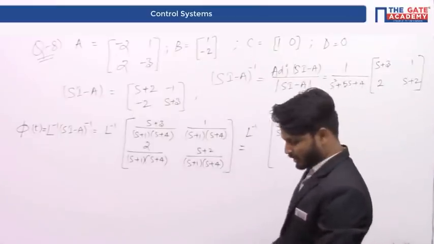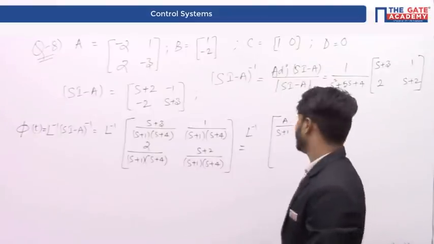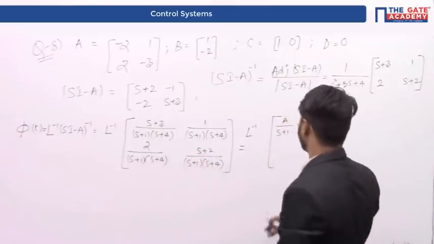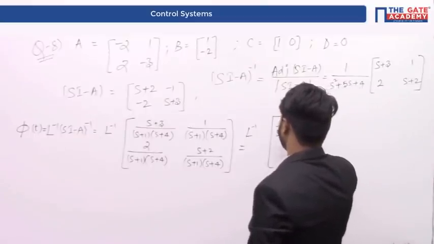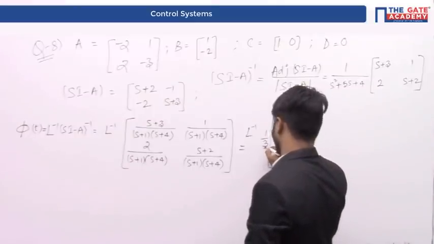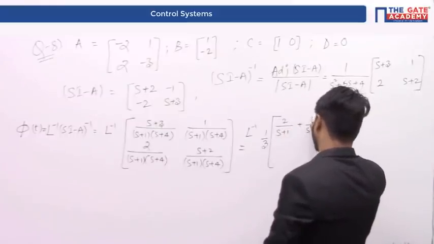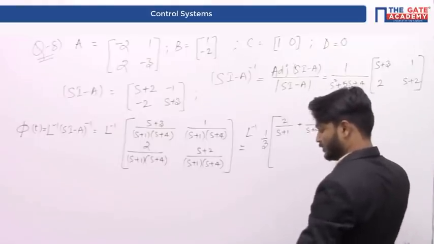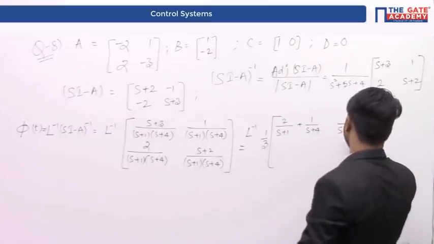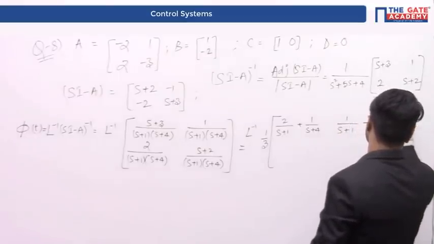For the moment, I am not calculating these values A and B. I am directly noting these values as I have already pre-calculated them, and you can calculate them by comparison of coefficients. All the coefficients have 1 by 3 in common, and the value of A is 2 by 3, B is plus 1 by 3, and C is 1 by 3, with 3 already taken common, minus 1 by (s plus 4).